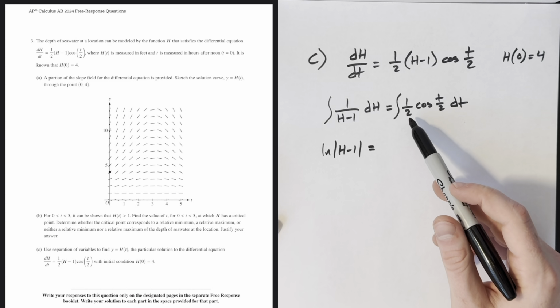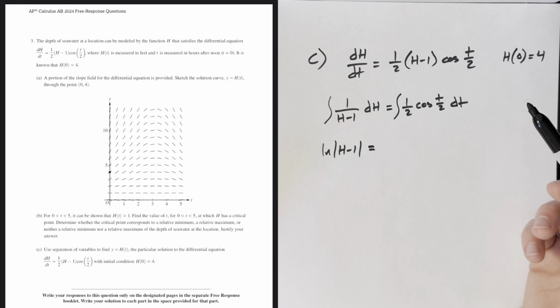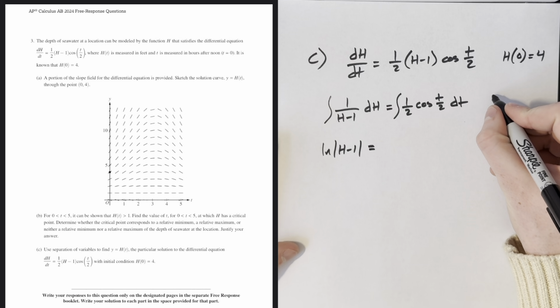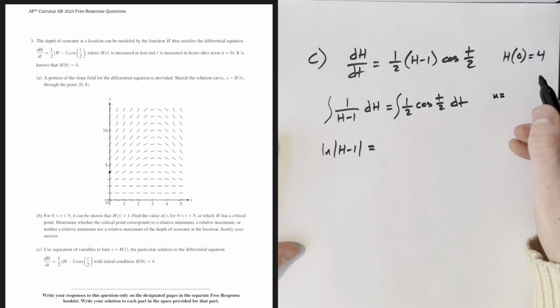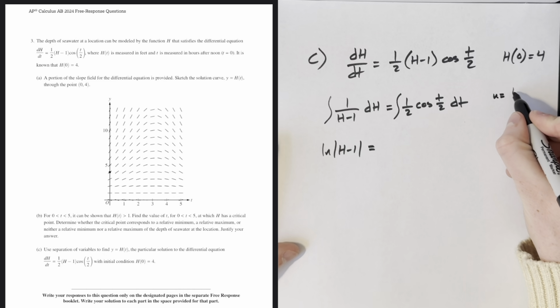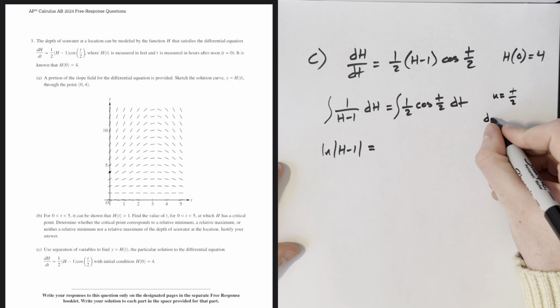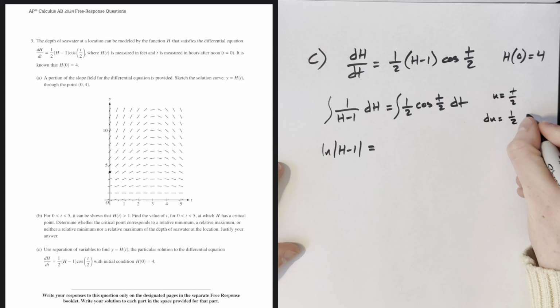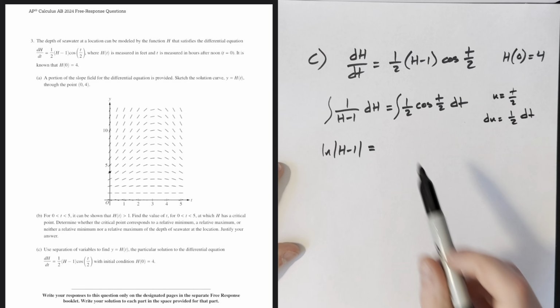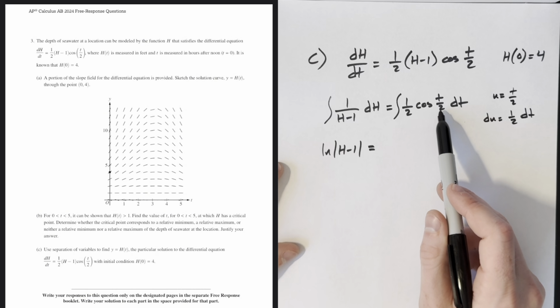Now on this right side, I have 1/2 times the cosine of t over 2. So how are we going to do this? I personally would do a u substitution, and I will u sub my inner function, t over 2. That will get me du equals 1/2 dt, and this becomes the cosine of u.